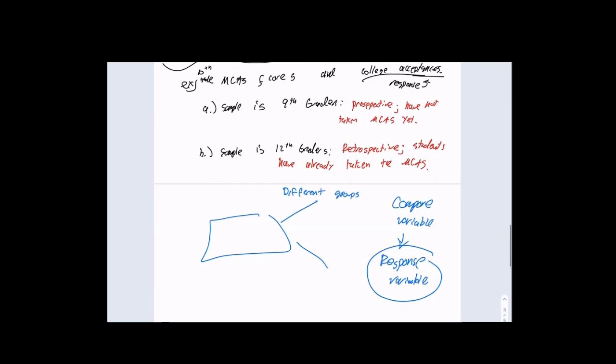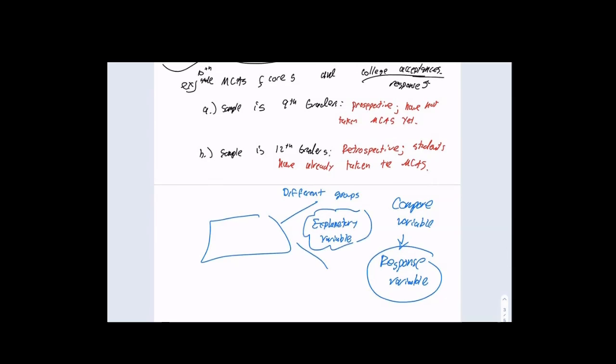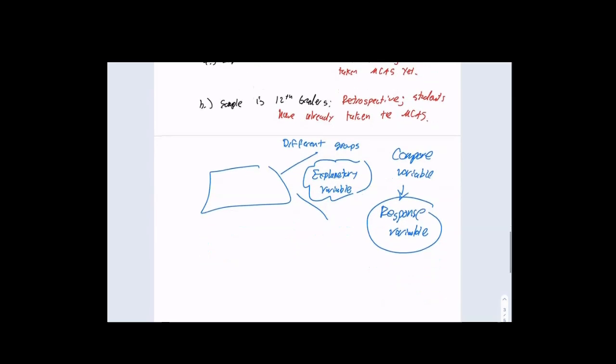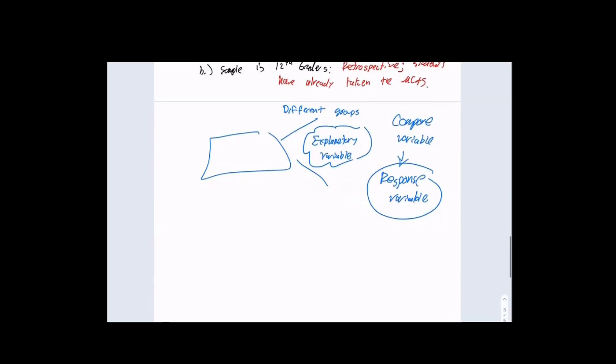This is called the explanatory variable. So we have two variables. We have the explanatory variable. What are we trying to explain? We did this when we were talking about bivariate data. And then we have the response variable.